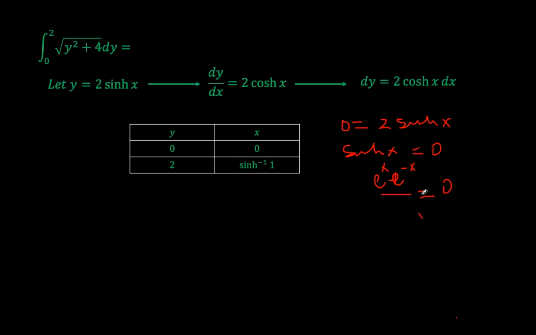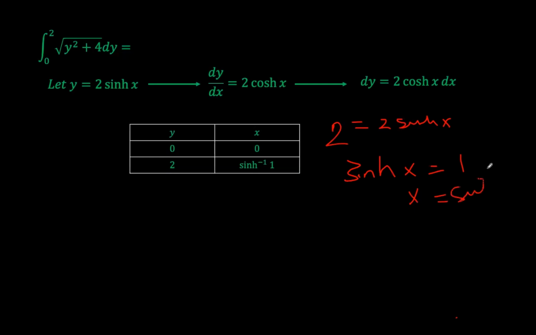And then when y equals 2, we get 2 divided by 2, which means that sinh x, hyperbolic sine of x, equals 1, and therefore x equals the arc hyperbolic sine of 1, and that's what we're left with.